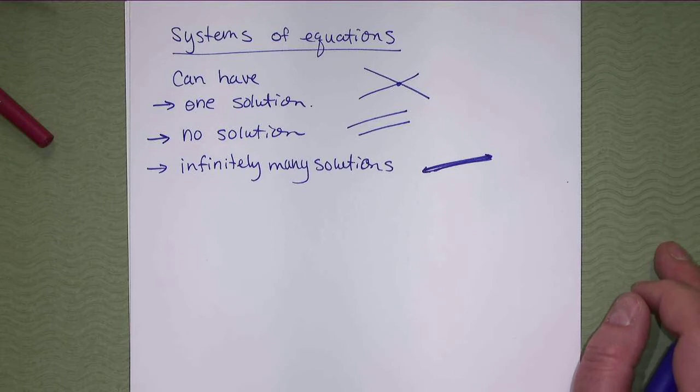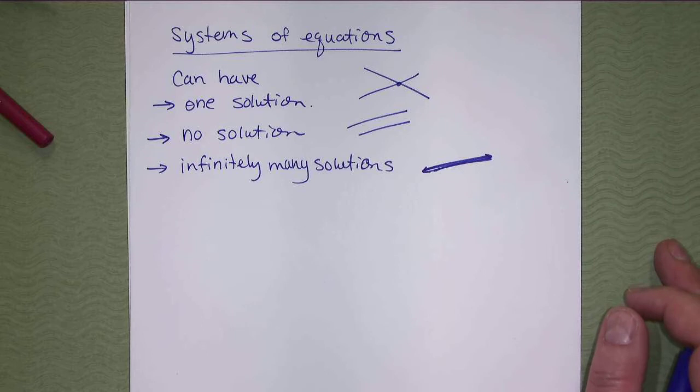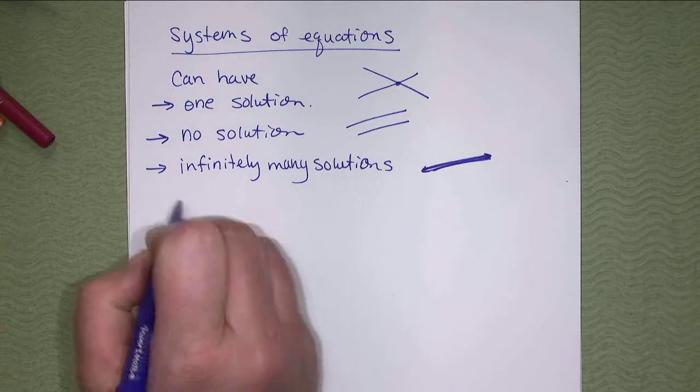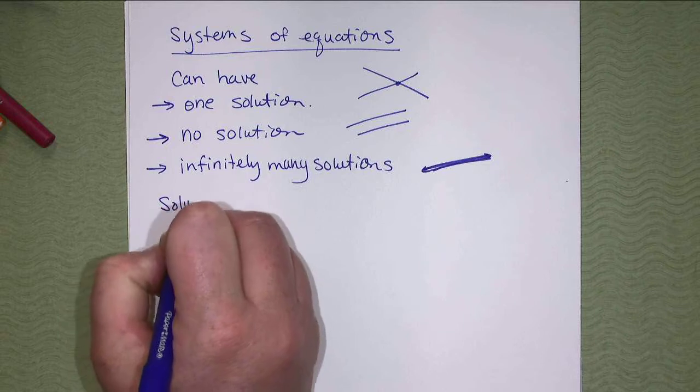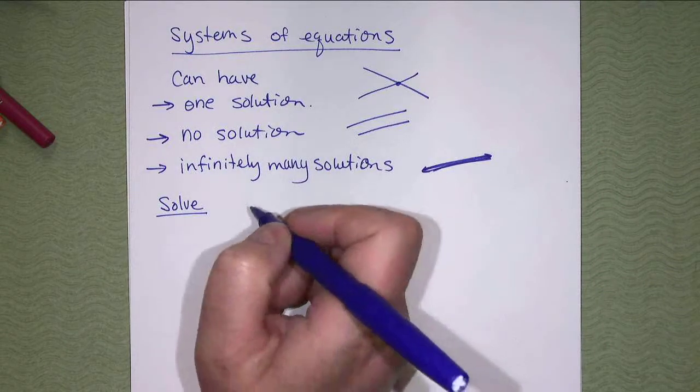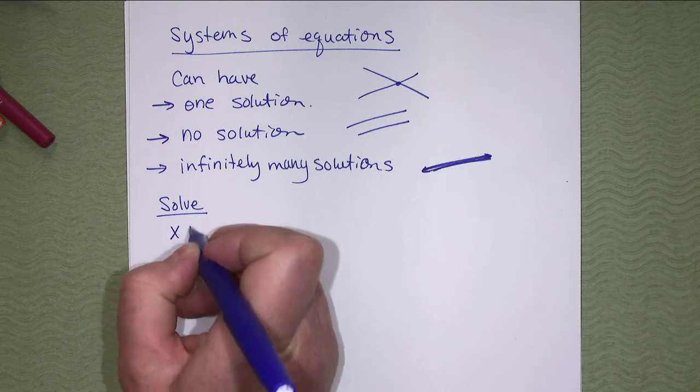So we're going to solve one of each so I can show you what the difference is between them. Okay, so we'll go back and solve one with one solution again, all the way through. And then we'll solve one with no solution, and then one with infinitely many. 1, 2, 3. So this one will have probably whole numbers?